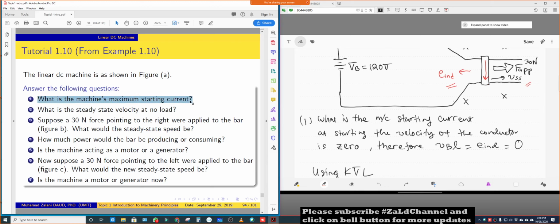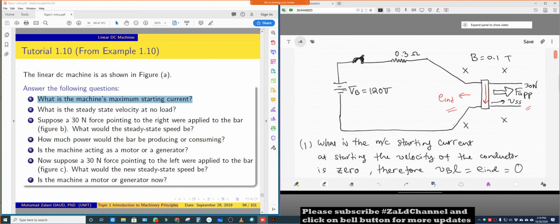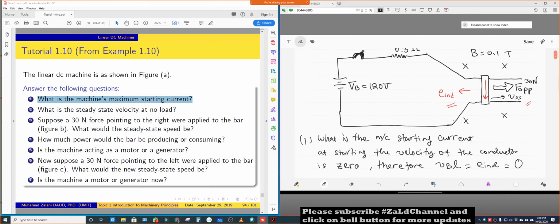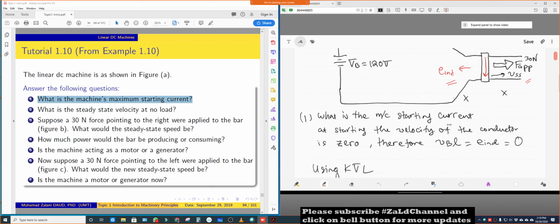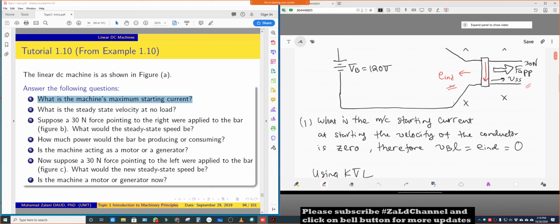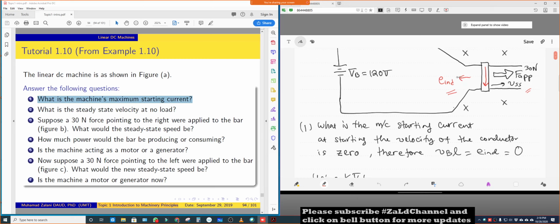So the question is, what is the machine maximum starting current? At the instant the switch is on, a large current will be drawn, passing through this resistor and then to this bar. At that time there is no E in. The voltage is not induced yet in this bar because it just started.